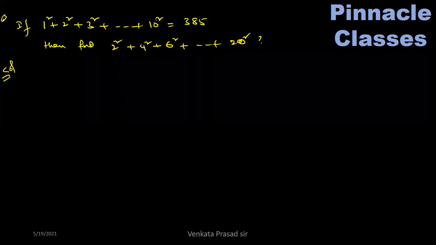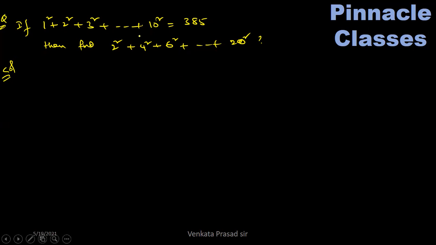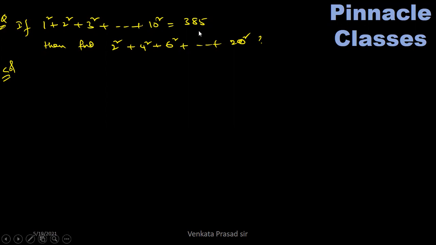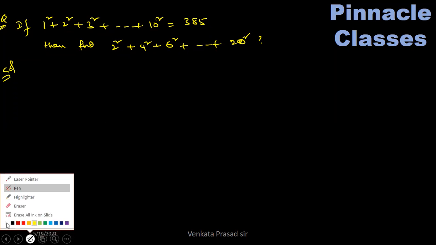See, how to read this condition? The sum of the squares of the first 10 natural numbers is given as 385. Then they are asking the value of 2^2 plus 4^2 and so on up to 20^2. It's very easy.